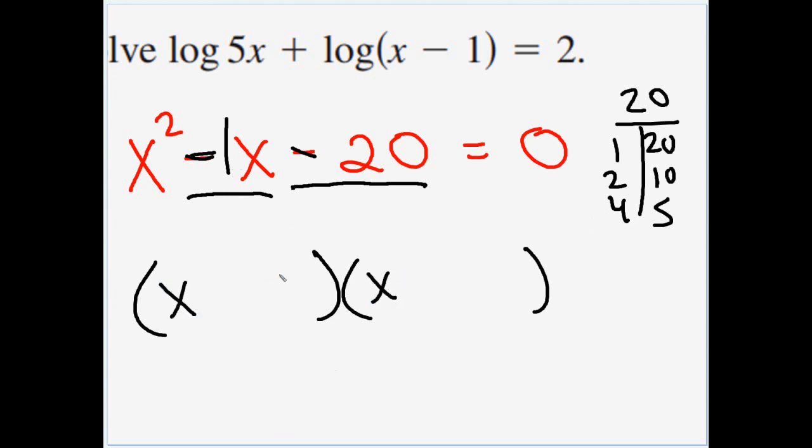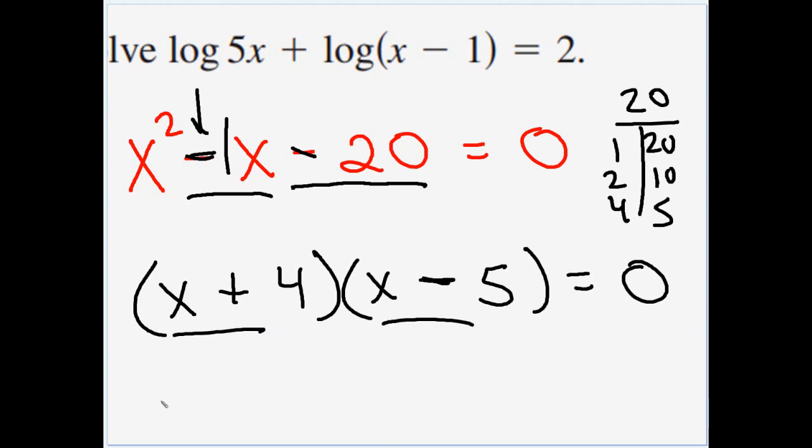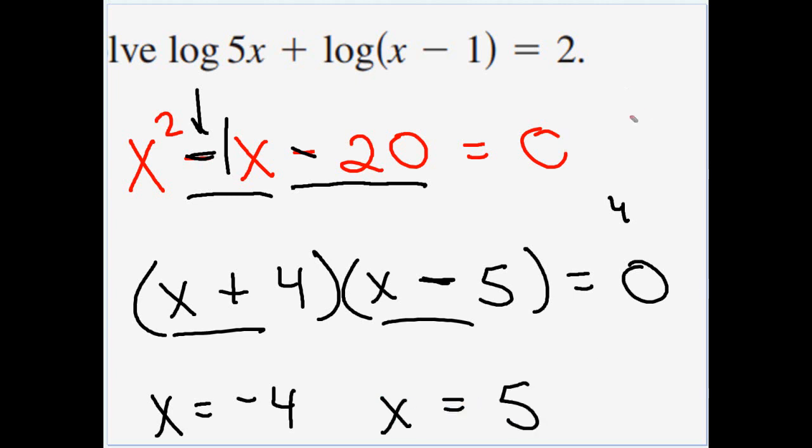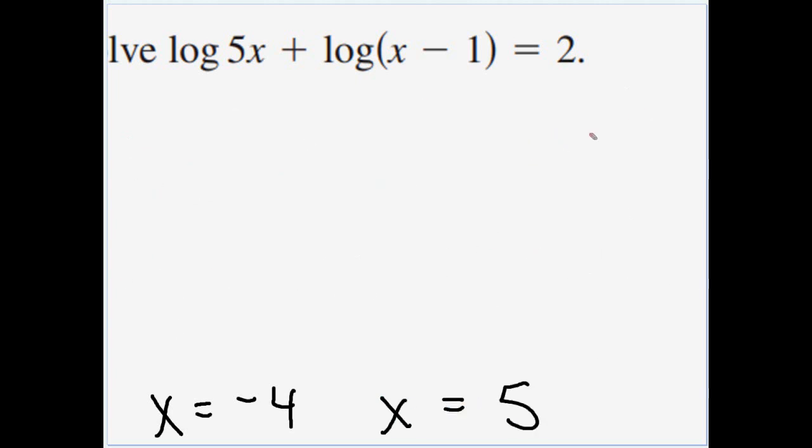So we know we've got an x and a 4 and a 5. We want them to add up to a negative, so that means the bigger number will be negative, the smaller number will be positive. All right, and when we set each of these factors to 0, we're going to get x is negative 4, x is positive 5. Let's check in the original equation.